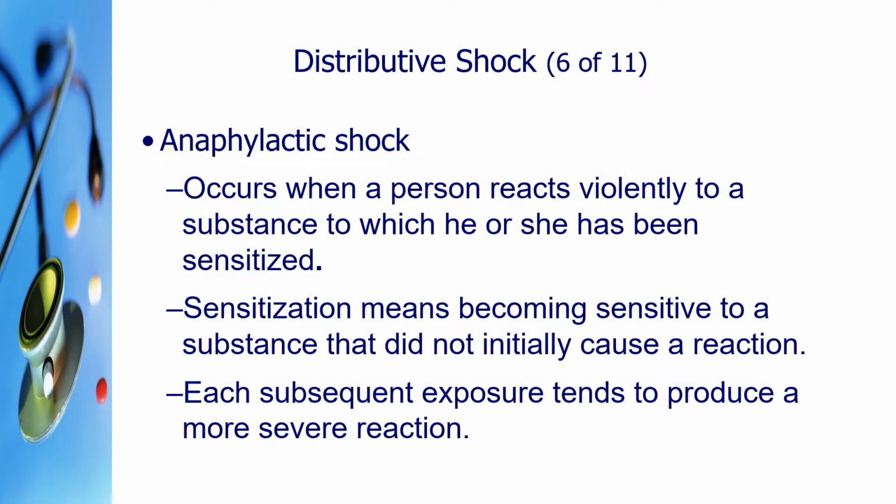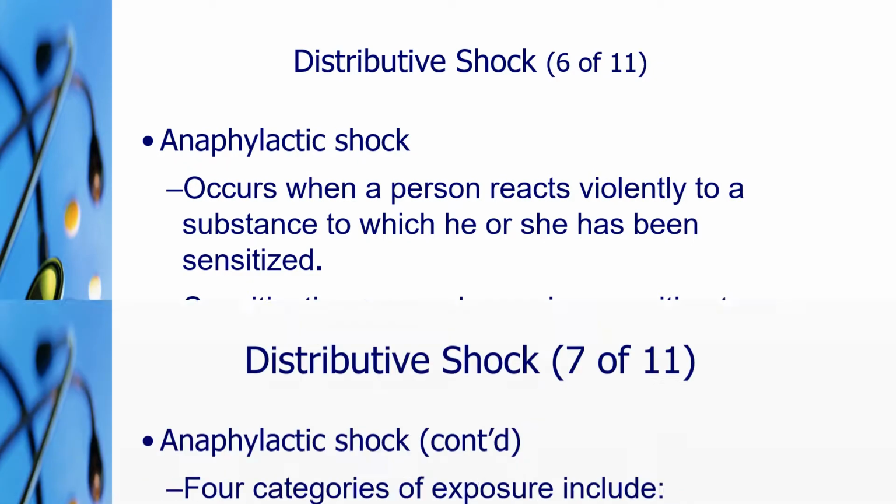Let's talk about anaphylactic shock. It occurs when a person reacts violently to a substance to which he or she has been sensitized. Sensitization means becoming sensitive to a substance that did not initially cause a reaction. Each subsequent exposure tends to produce a more severe reaction.